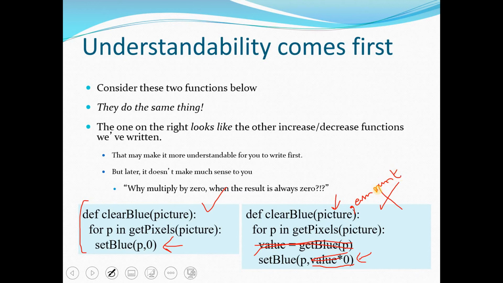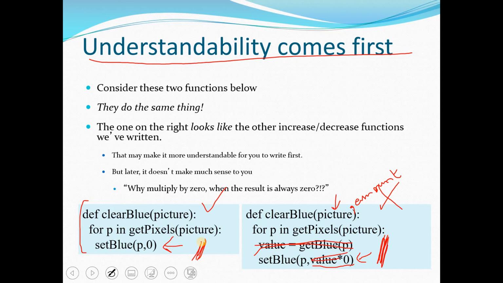Now that is a very valid thing because you are using the general program for one purpose, to remove the blue color. So always when you are writing a program, understandability comes first. Your program should be understandable. Don't confuse the user. Here you write, for example, two lines of code, and you get the blue color and then you make it 0. Very confusing. Here it is very simple.